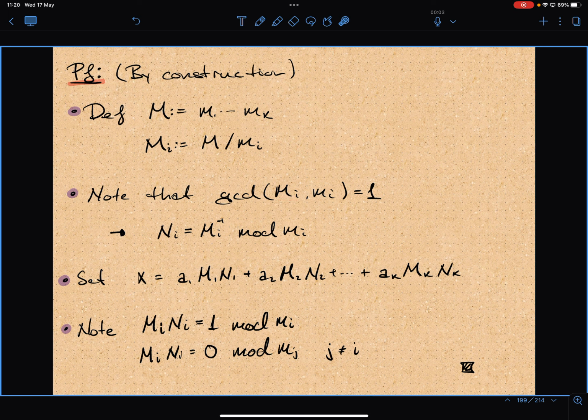The GCD is going to be equal to 1, so they're not going to have any common factors. That means that modulo mi, we can find an inverse of capital Mi, and we're just going to call that Ni.